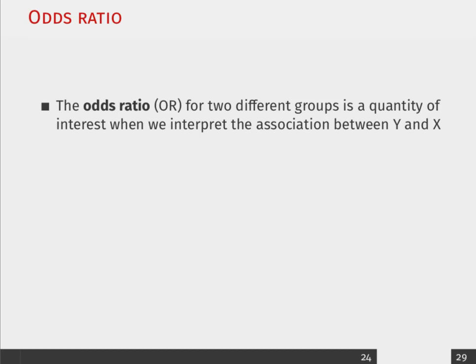So we might be interested in how moving from age group 20 to 29 to age group 60 to 69 impacts the odds ratio in the likelihood of getting CHD. So we can write that essentially like this. Again, we can think about the probability of having it over the probability of not having it.